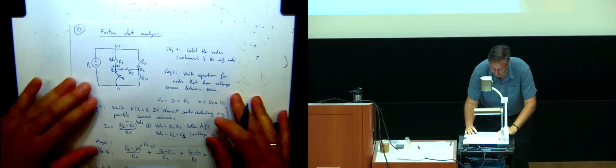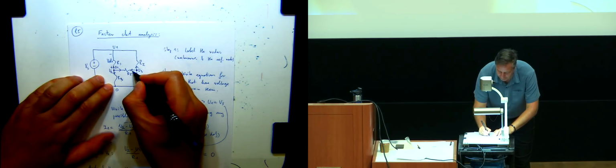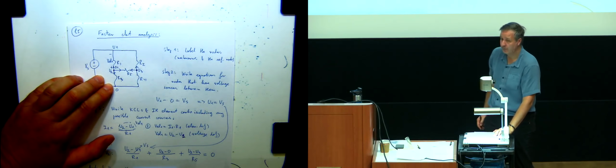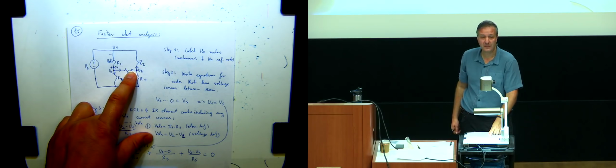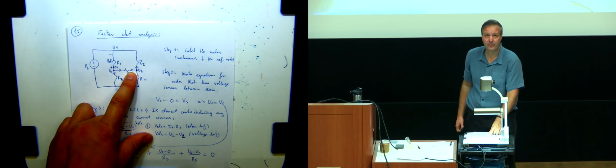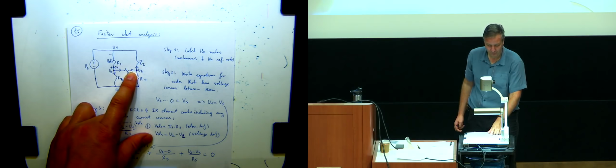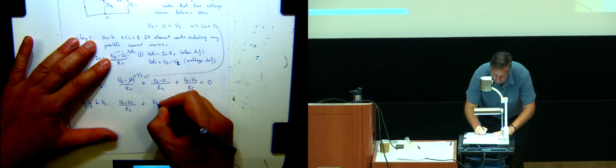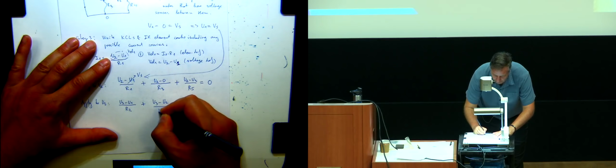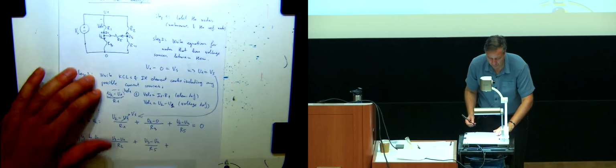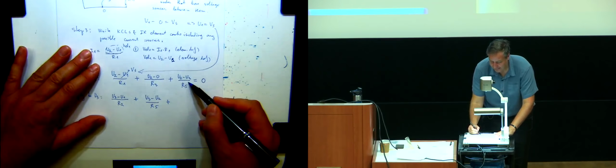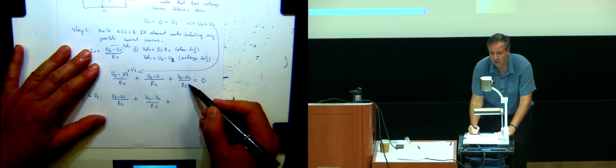Okay, so this current, what do I write for that? U3 minus U2 over R5. Okay? Notice that's the same as this expression over here, just the opposite sign.